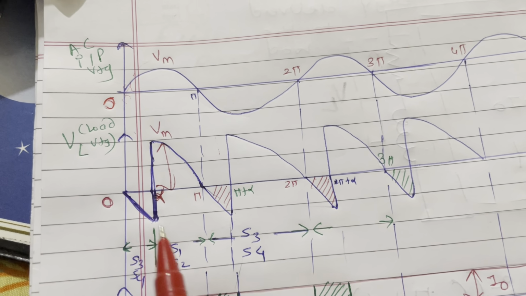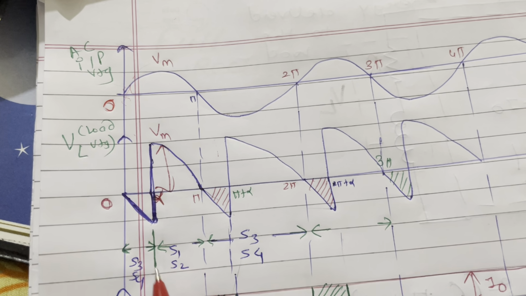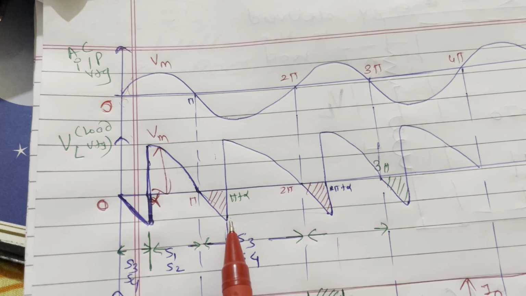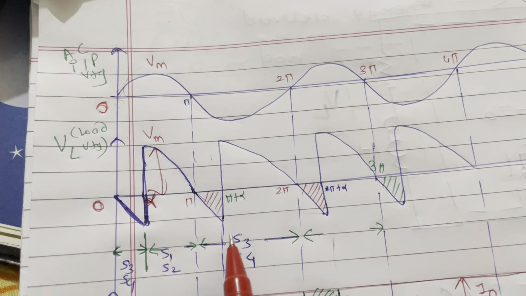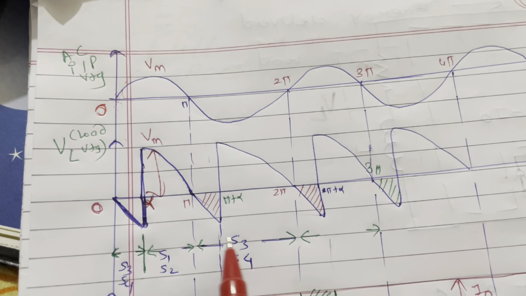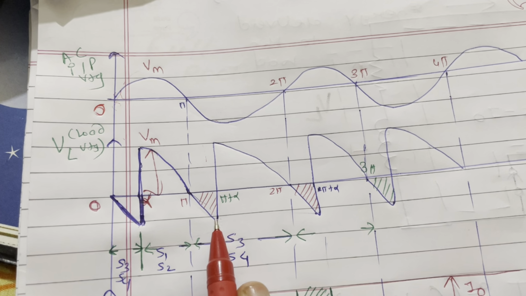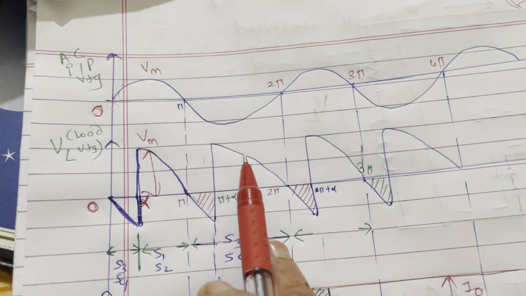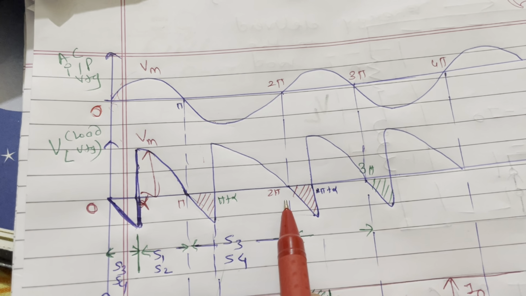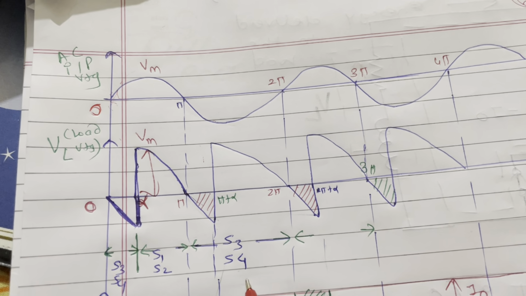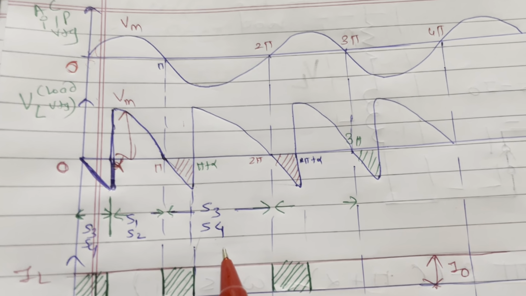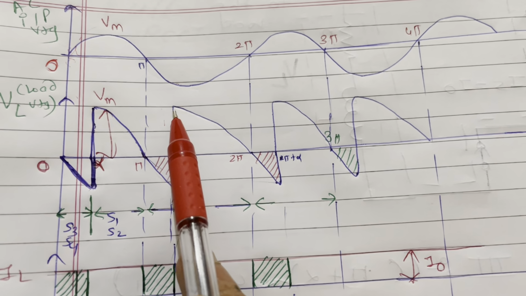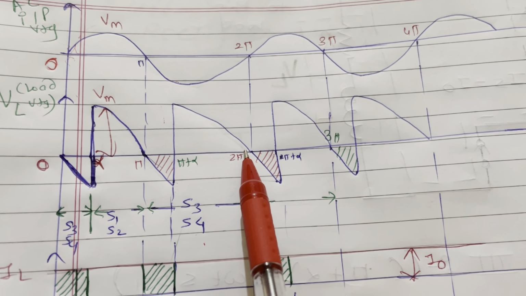The load voltage is negative and the AC supply voltage is also negative. From pi plus alpha to 2 pi, SCR3 and SCR4 will be conducting, so the load voltage again becomes positive.